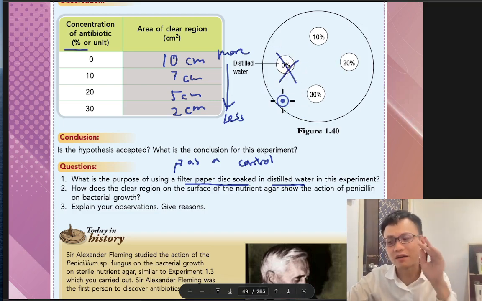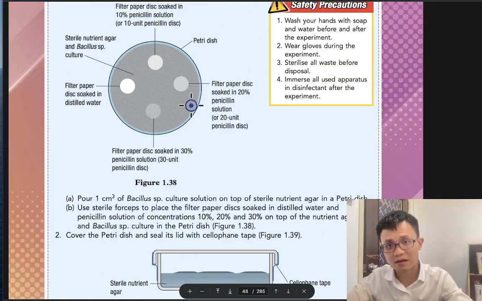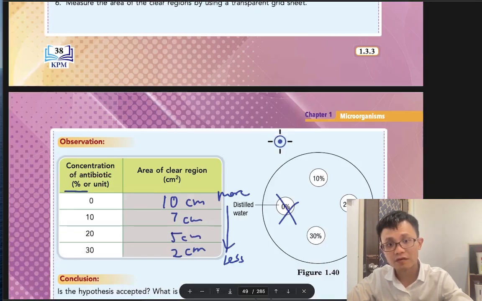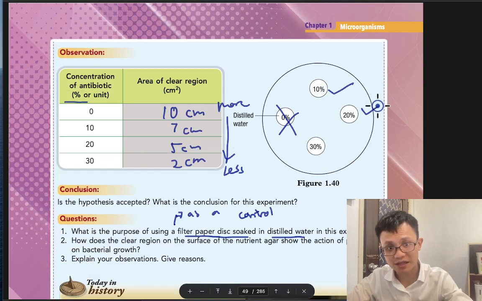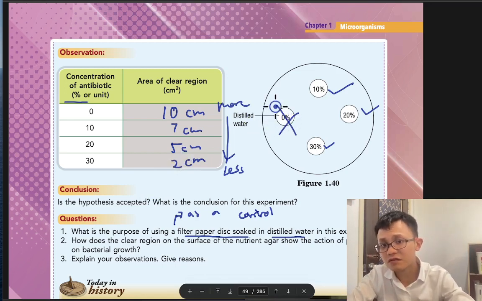This experiment is because we want to study the concentration of the antibiotic. So you can start with 10%, 20%, and 30%. Of course, 30% is very good. But zero, why do you want to put? Because we study science, we want to find out the percentage. So why do I want to put zero? So zero is the control variable. Okay, why do we want to put a control?